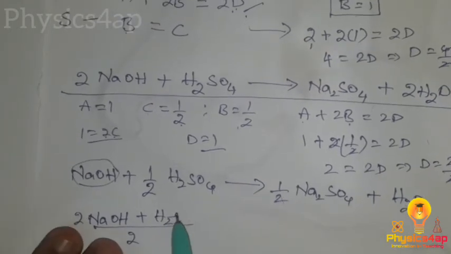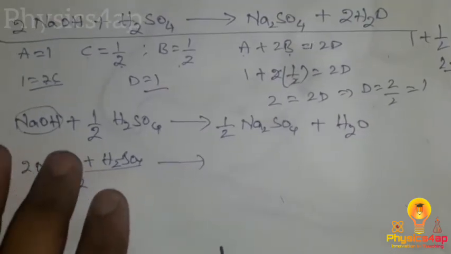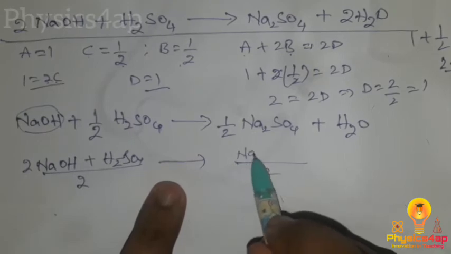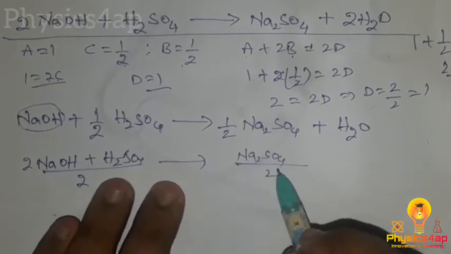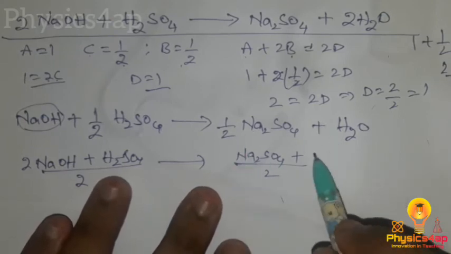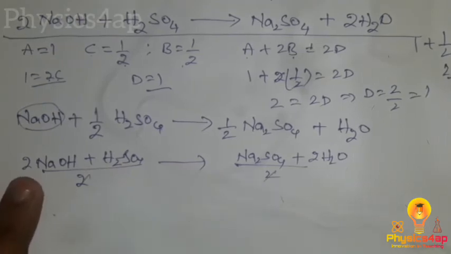H2SO4 gives rise to, and here also you have to do the LCM. So Na2SO4 plus, so we have 1 here, so 1 into 2, 2H2O. So now the 2 gets cancelled.